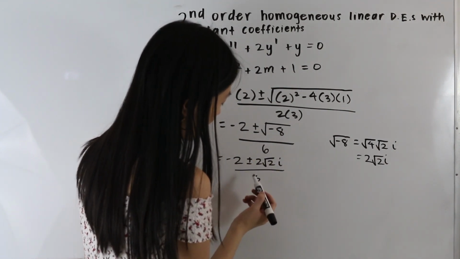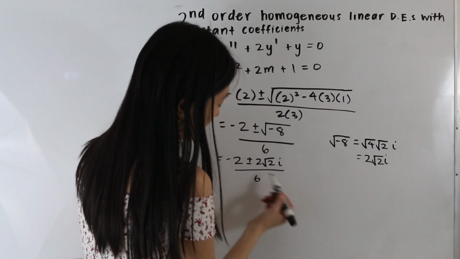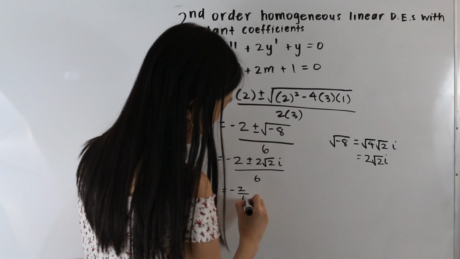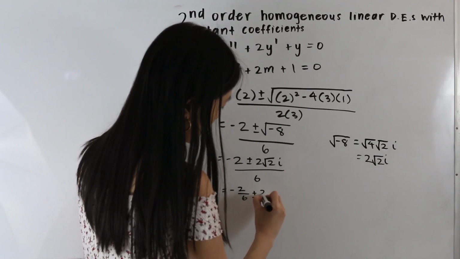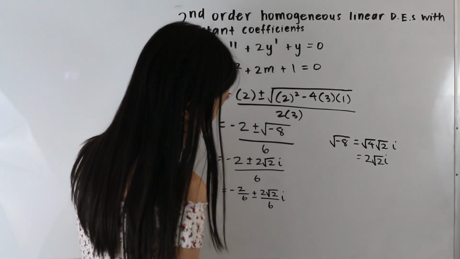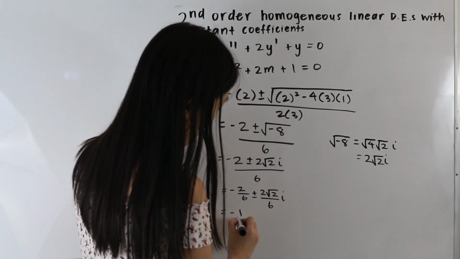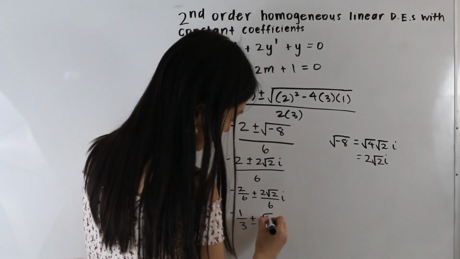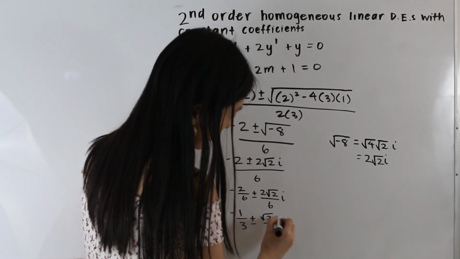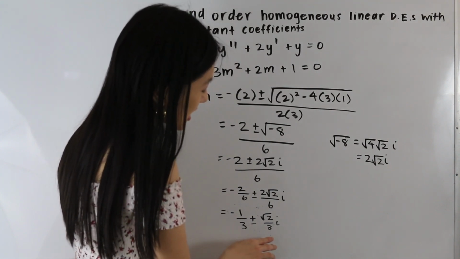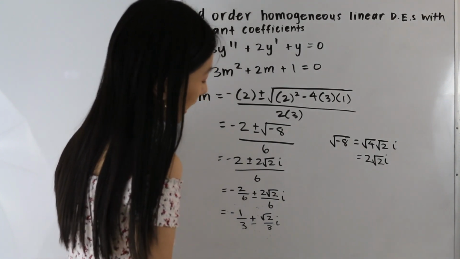And let's go ahead and write the denominator separately for each of our terms. So we have negative 2 over 6 plus or minus 2 root 2 over 6 i. And so this simplifies down to negative 1/3 plus or minus the square root of 2 over 3 i. So here we have m is equal to negative 1/3 plus or minus the square root of 2 over 3 i.